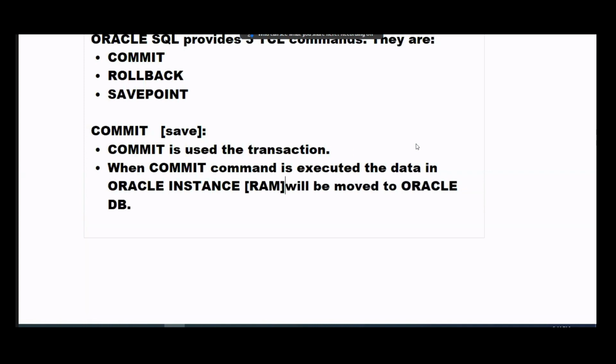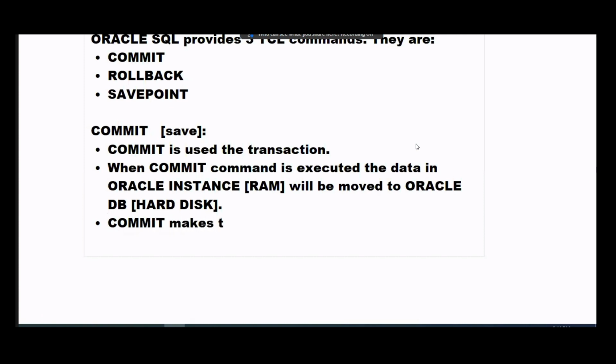The data stored in the RAM is moving to the Oracle database, meaning it is moving to the hard disk, meaning it is making the changes permanent. The changes in the instance are temporary. The changes in the instance will be applied to the Oracle database, making those changes permanent. So to make the changes permanent, we use it. Commit means simply you can understand it like save. That's it.